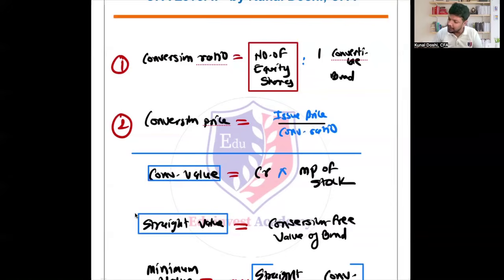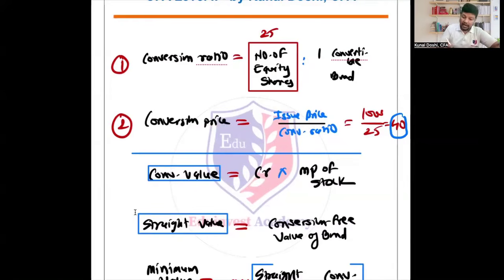So 1000 divided by 25 is 40. Until the market price of the stock reaches 40, the bond will not be converted. This is called the conversion price.